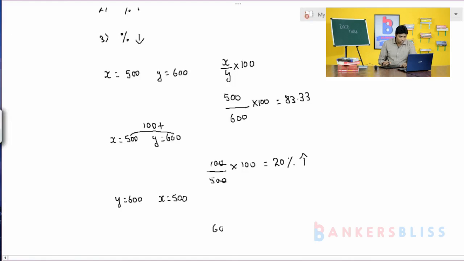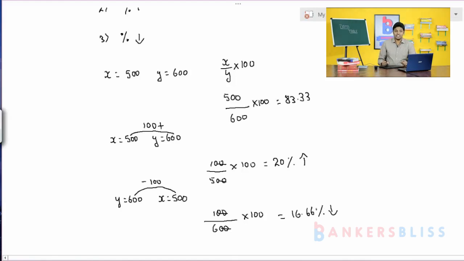Y belongs to the denominator. How much is it decreased? That is minus 100. So 100 by 600 into 100. So 1 by 6, which is equal to 16.66 percentage decrease.